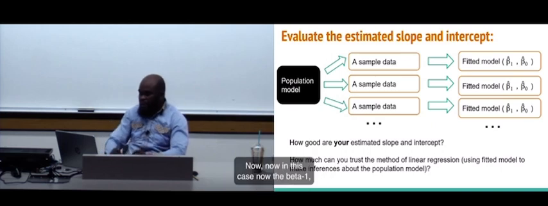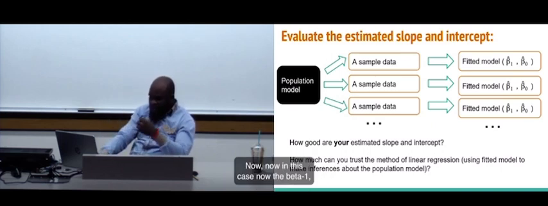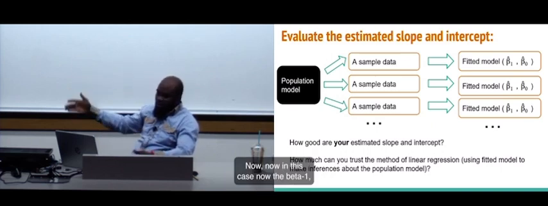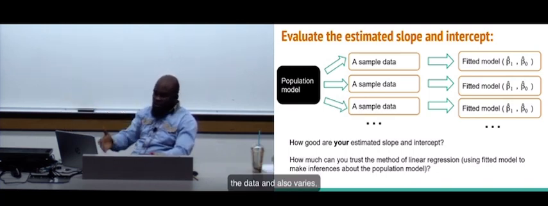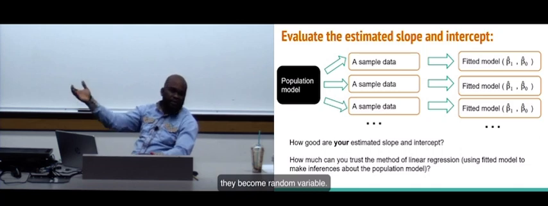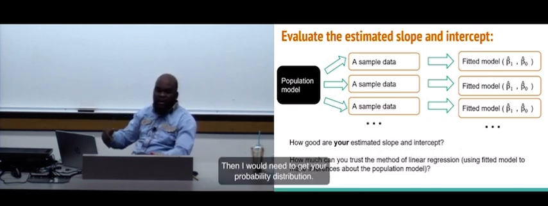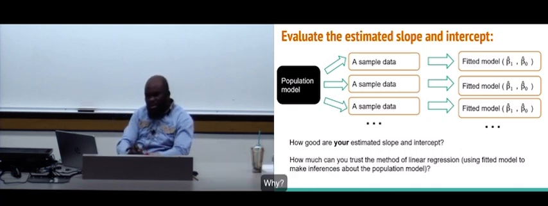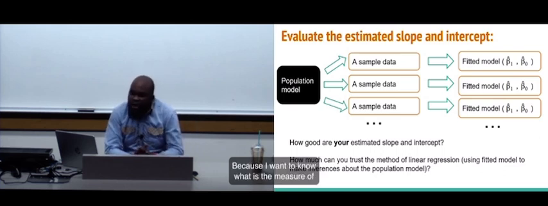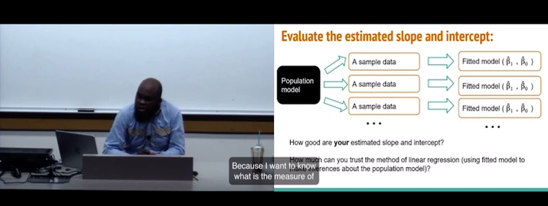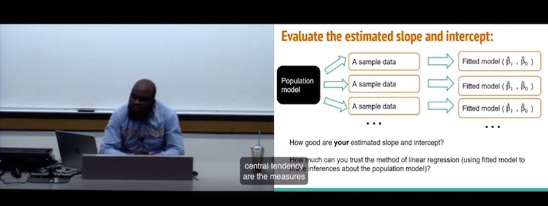Now, in this case, the beta one varies, so it becomes a random variable. The beta naught also varies, so it becomes a random variable. Then I will need to get their probability distribution. Why do I want to get their probability distribution? Because I want to know which measure of central tendency, or measure of location, I'm actually going to use.